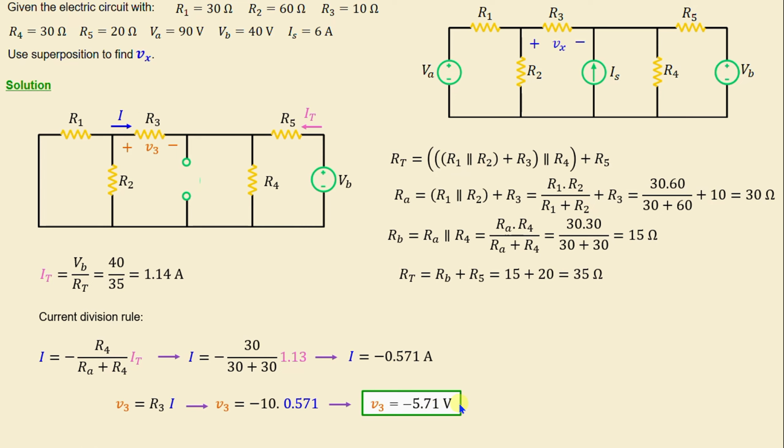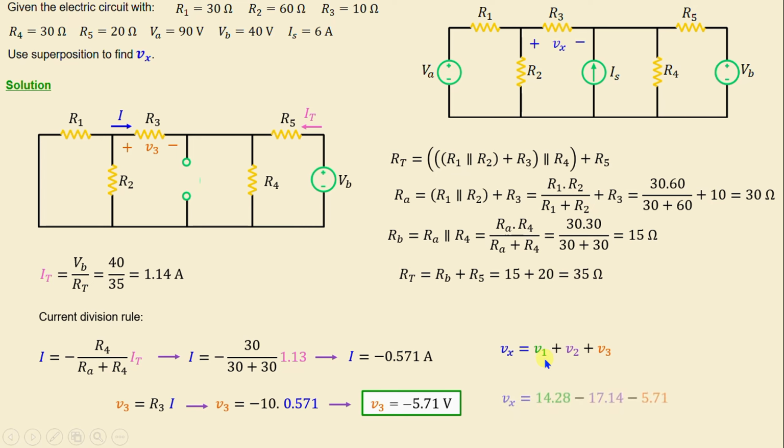After completing the analysis for each independent source while treating the others as turned off, the next step is to combine the results algebraically. This process enables us to determine the overall circuit response. That means the voltage Vx across the resistor R3 is given by V1 plus V2 plus V3.